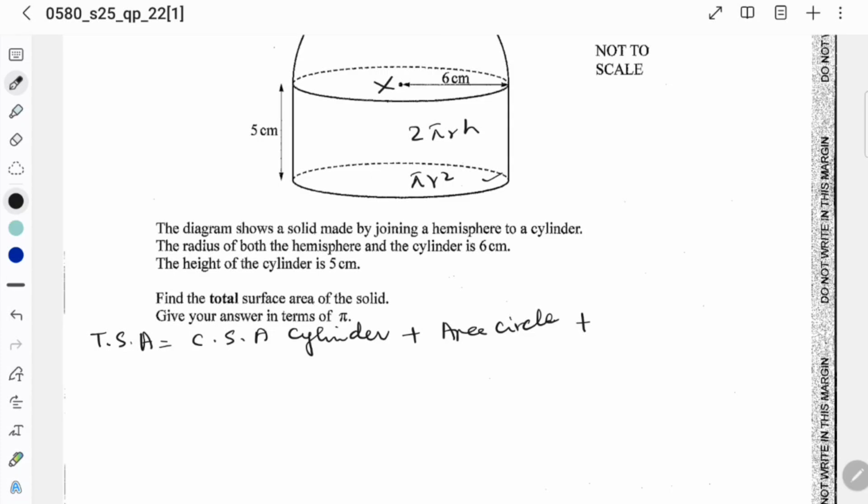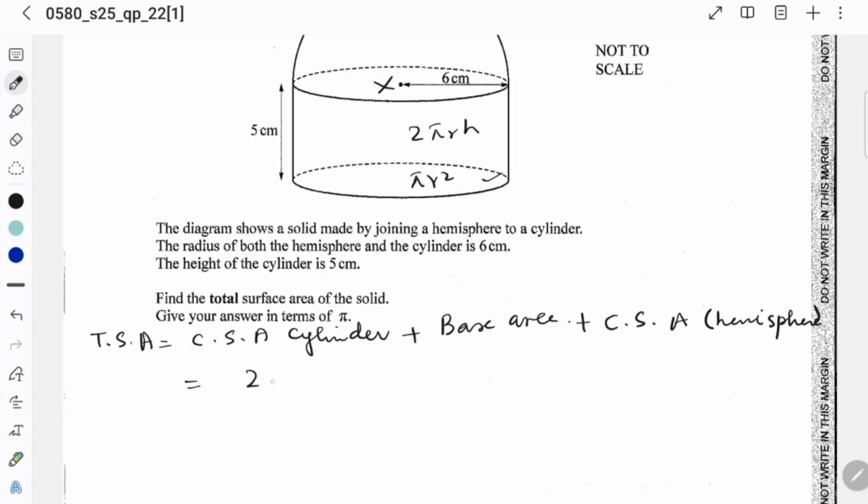You can write down this area of the circle if you don't understand. That is the base area, which is also in the form of the circle.